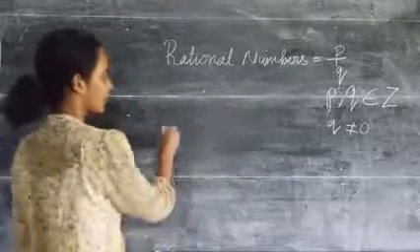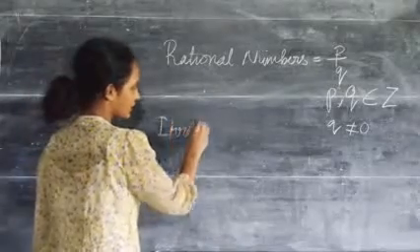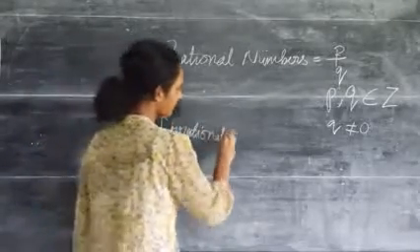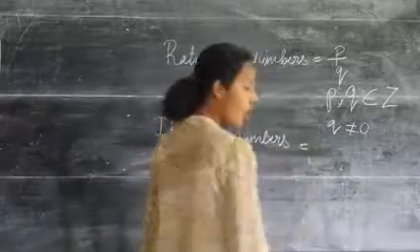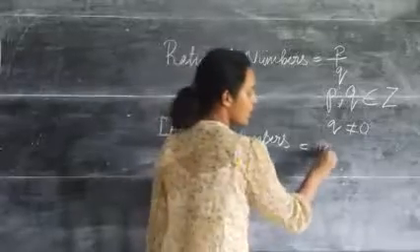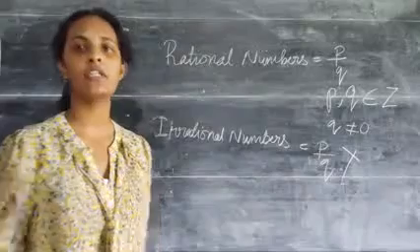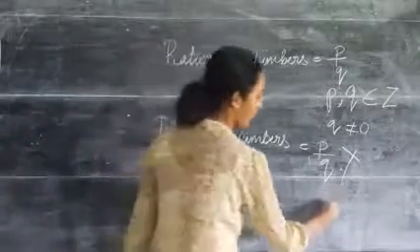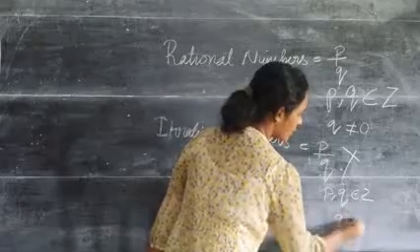That is one condition. So can I say that irrational numbers are all those numbers which are the opposite case of this? What is the opposite case? They cannot be written in the form of p by q, where p and q are integers and q is not equal to 0.